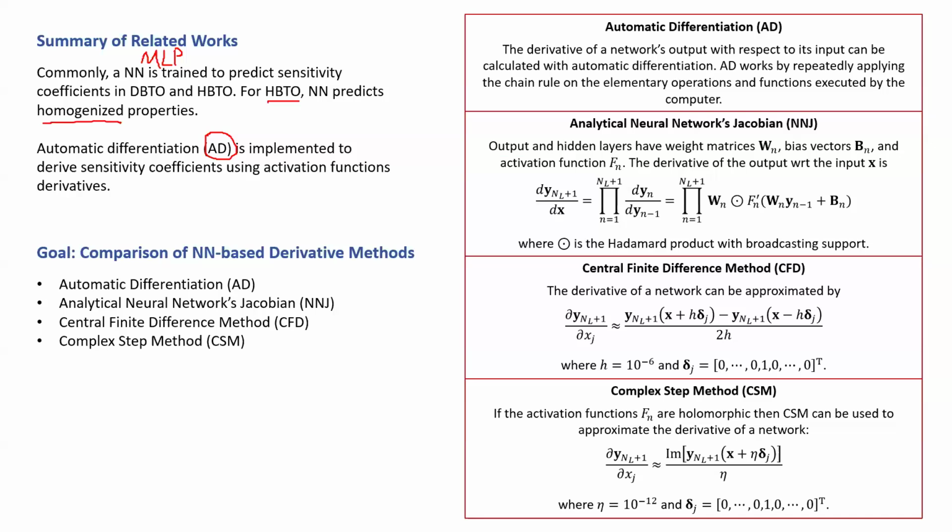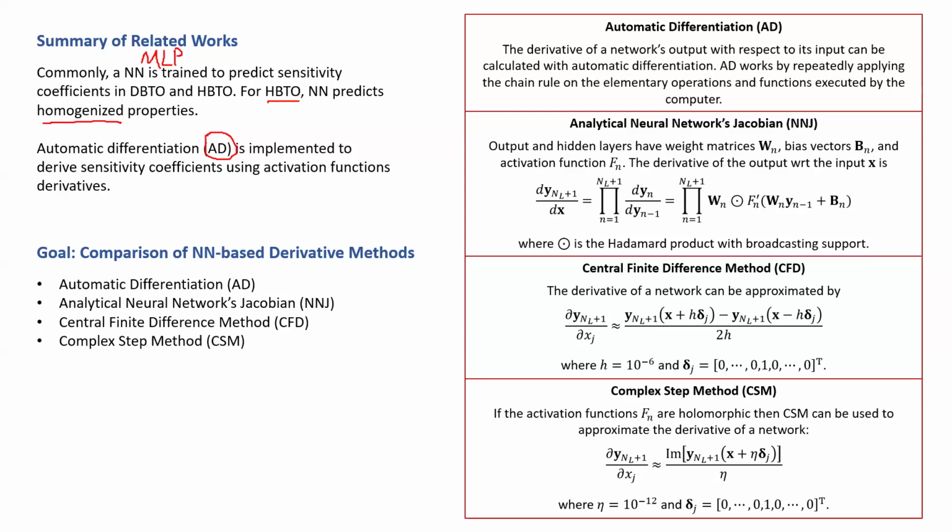What we have not seen is a paper that directly compares the performance of different derivative methods, which include also methods that have been established not for topology optimization or not for use in gradient-based optimization, but have been available to do backpropagation and just training the network.